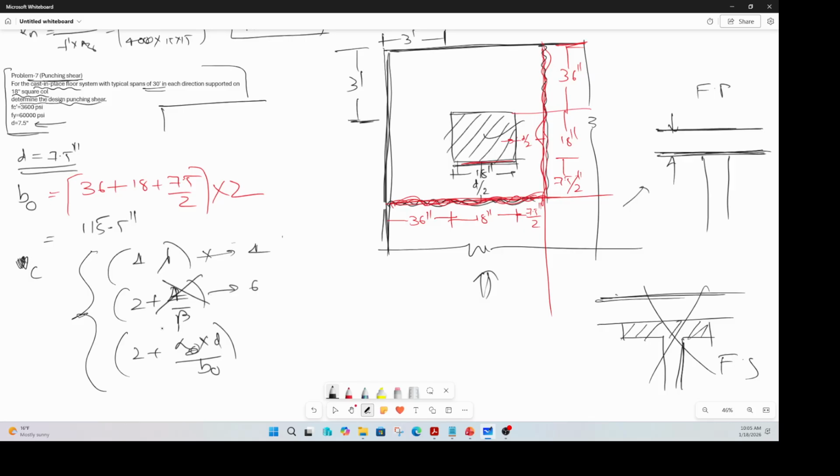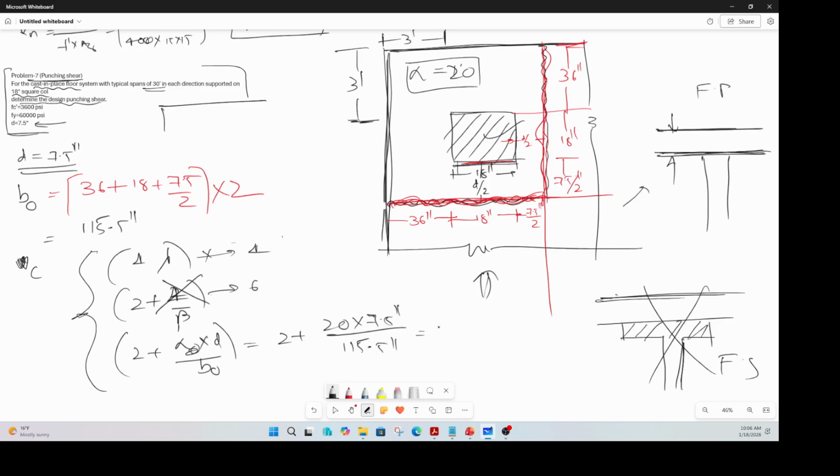So this does not control. Now we have to calculate this, which is 2 plus alpha s times d by b naught. This is an interior column. We talked about it again in our two-way slabs and a bunch of other sessions. Alpha s for the interior column is 40, so this is 2 plus 40 times the depth of 7.5 inches by b naught, which we just found as 115.5 inches.